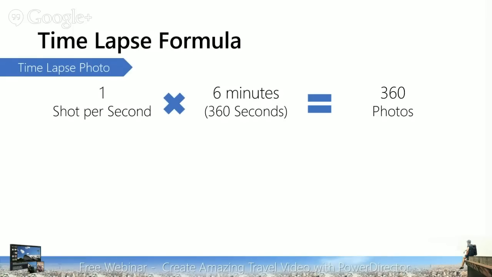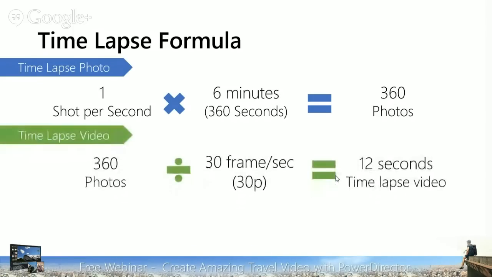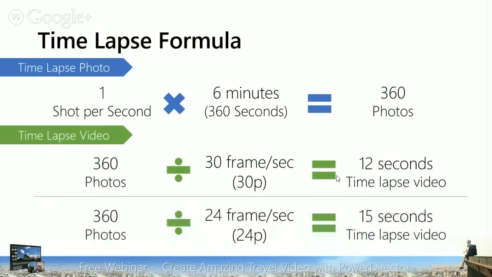When generating a time-lapse video, 360 photos at 30 frames per second, or NTSC format 30p, can generate 12 seconds of time-lapse video. If your project is 24 frames per second, then 360 photos will give you 15 seconds of time-lapse video.